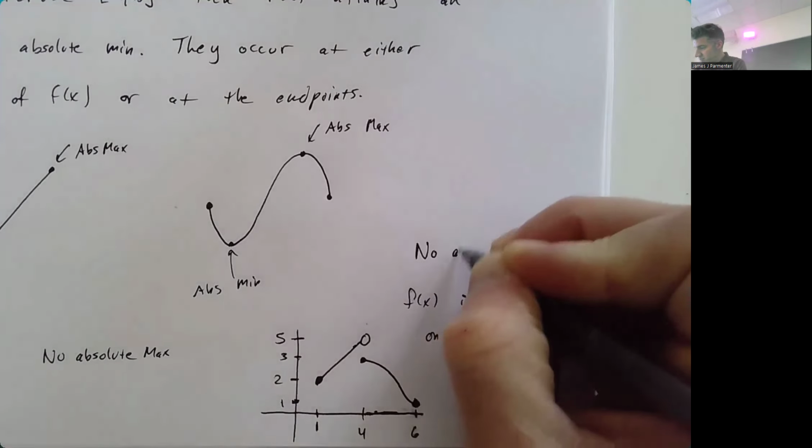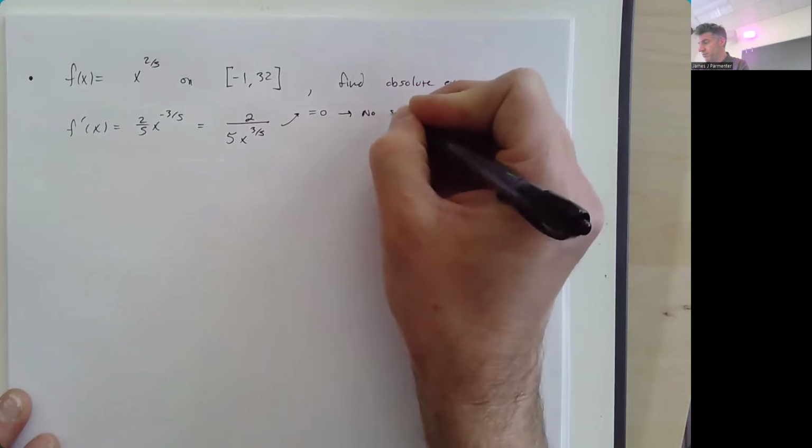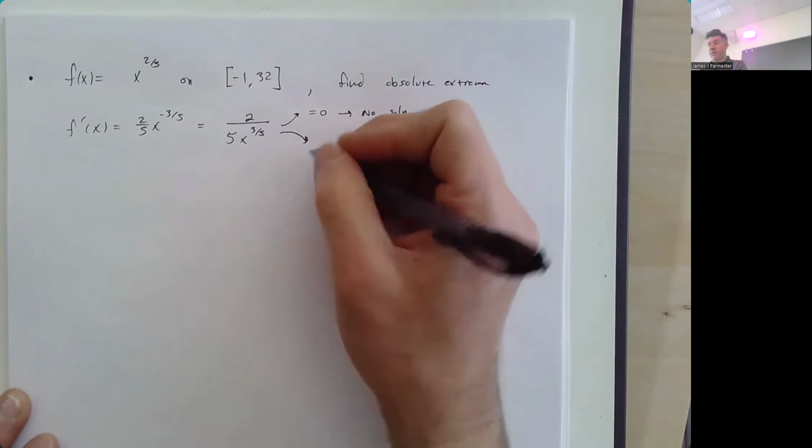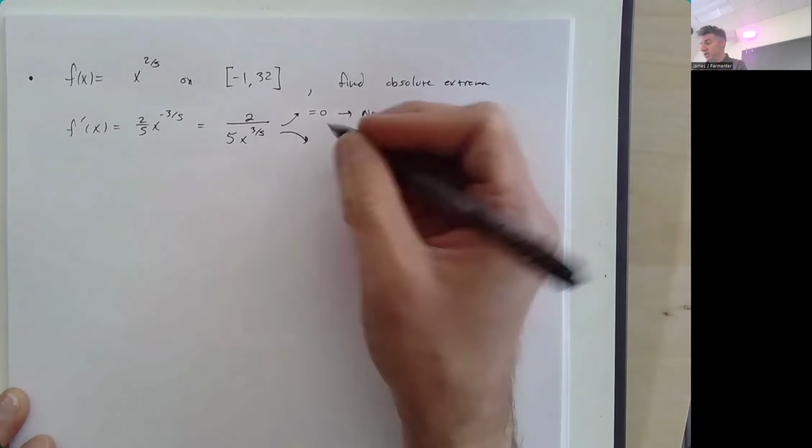This fraction is never equal to 0, because for a fraction to be equal to 0, the numerator has to be able to be equal to 0, but the numerator is always 2. So this has no solutions. However, if we're looking for where this does not exist, then x equal to 0 is going to be the critical point where the derivative is undefined.